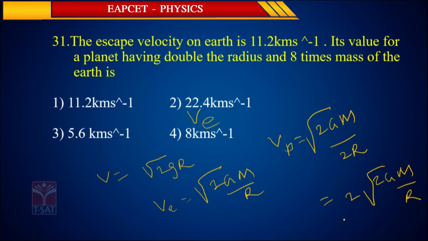Therefore, here it increases 2 times, that is 2 into 11.2, which gives 22.4. That means the escape velocity on the earth is 11.2 kilometer per second, and for a planet having double the radius and 8 times the mass, the escape velocity becomes 22.4 kilometer per second.